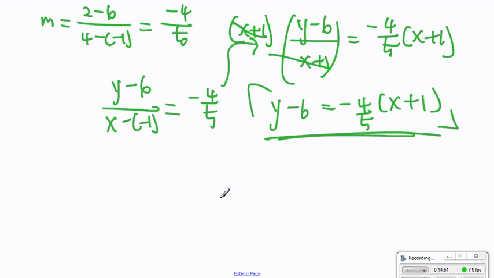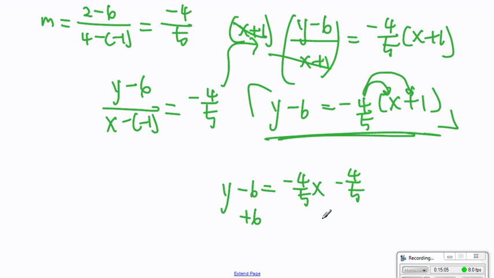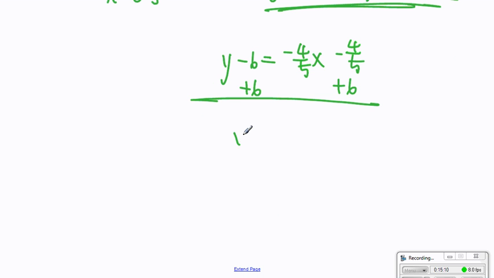Then here, y minus 6 is equal to negative 4 over 5 x, and when you distribute this, on the other side we get negative 4 over 5. Now, by adding 6 on each side, we end up getting y by itself equal to negative 4 over 5 x, which is the same.